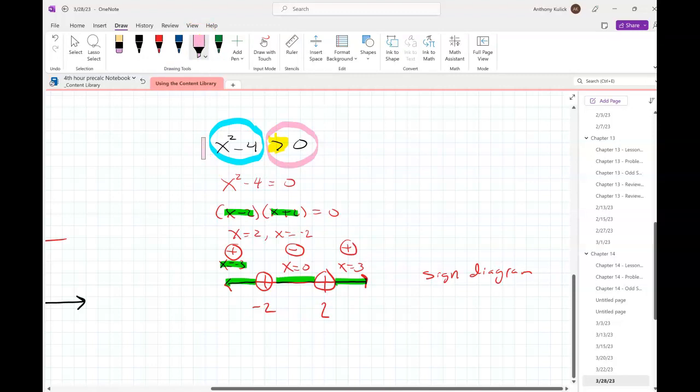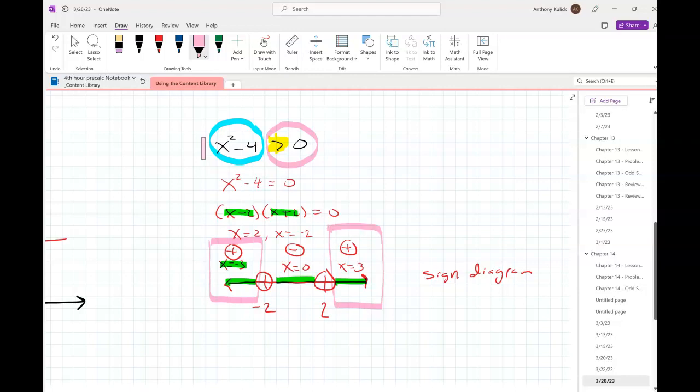So if I'm worried about where we're greater than 0, I care about those two places, right? So let's go ahead and write my interval notation to describe those two locations. So I have negative infinity up to -2, and then +2 up to positive infinity.